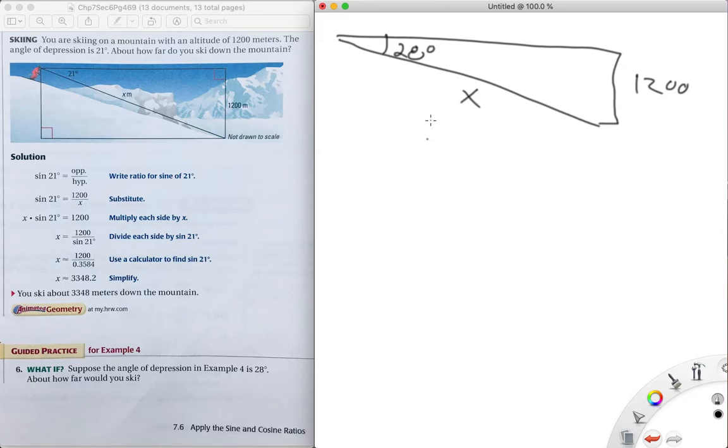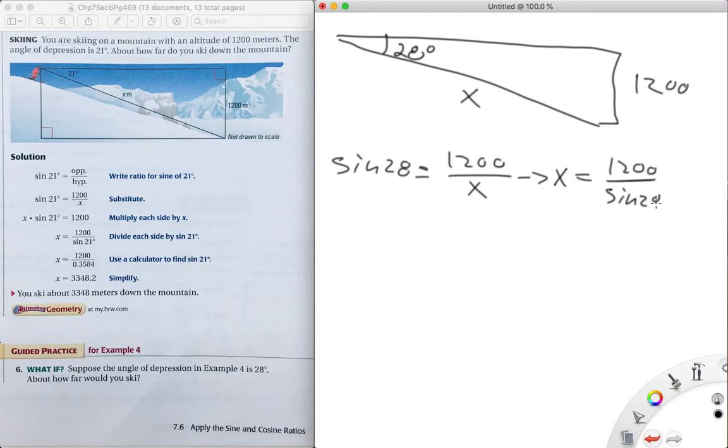Okie dokie. With 28, I have something that's opposite of that, so I'm going to use sine. So sine of 28 equals 1200 opposite over hypotenuse x. Multiply both sides by x, divide by sine 28. We get that x is equal to 1200 divided by sine of 28.